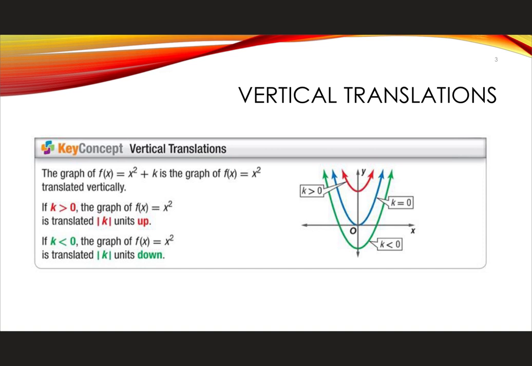K is the easiest one. And the reason why it's the easiest is because it does exactly what it looks like. If K is positive, so if K is 3, the graph is going up 3. If K is negative, then the graph is going down that many. So whatever K is, that is exactly what the graph is doing.